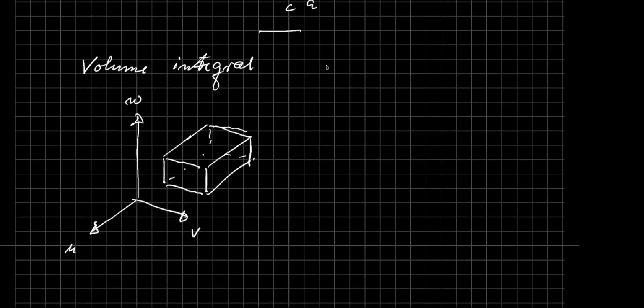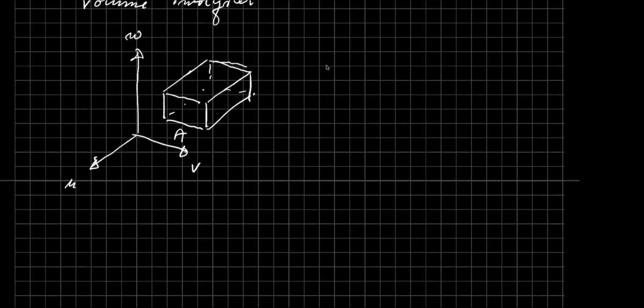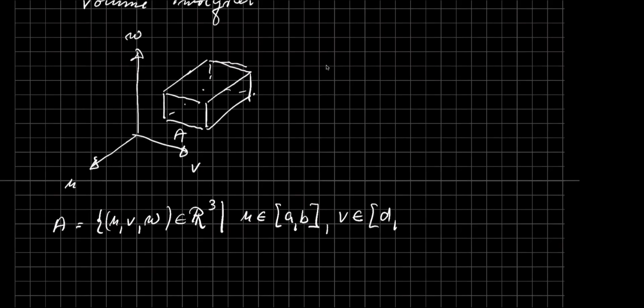And if you call this A, then you could write A as the set of points in 3-space for which u belongs to [a, b], v belongs to [c, d], and w belongs to [e, f].